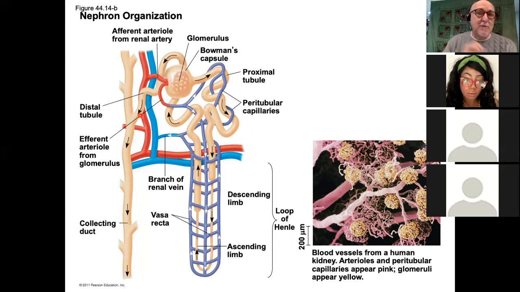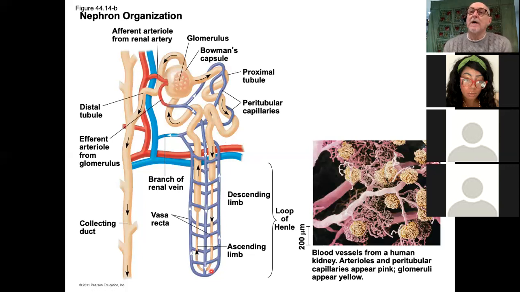To emphasize just before we start, a couple of really important things that you need to remember. First of all, remember that the different parts can have quite distinct properties and do different things to the fluid that passes through them. This descending limb here is semi-permeable, but it's highly permeable to water.